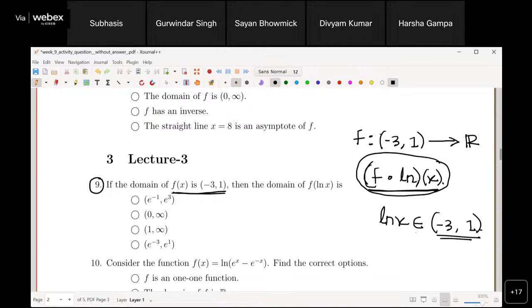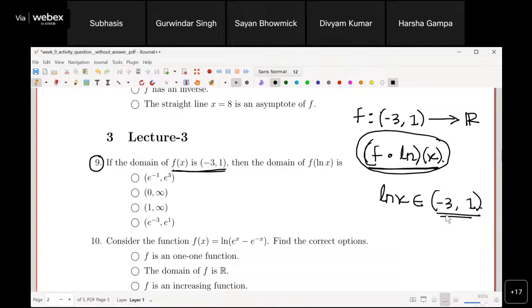So I need to find all the values of x for which ln of x is precisely in this interval. Try to understand the meaning: this is basically ln of x less than 1 and greater than -3.